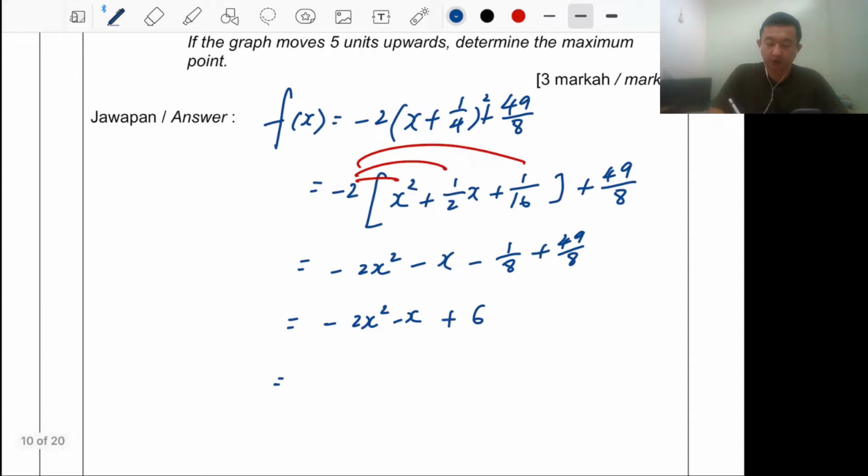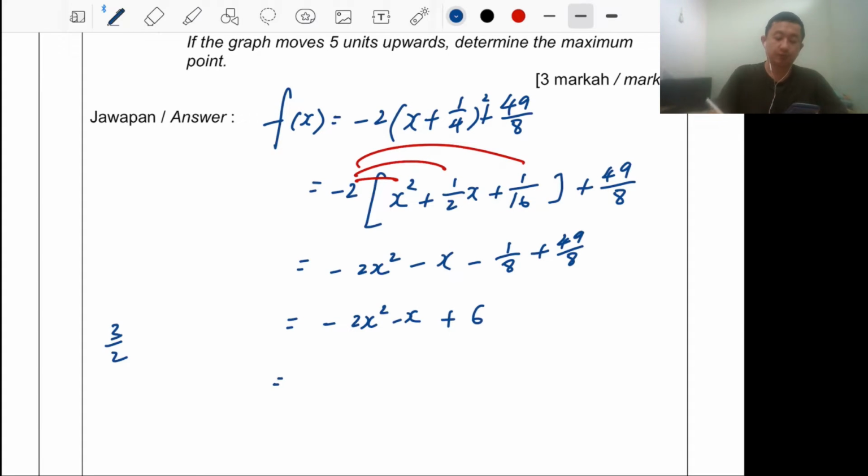So you have 3 over 2 and also -2. So the way you write it will be 2x minus 3 and also x minus 2, x plus 2. Okay, because since we know that the format, it has to be just x.